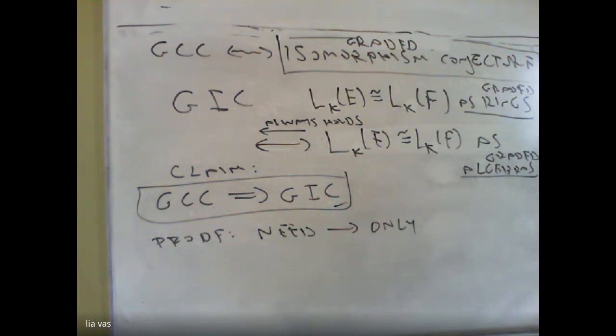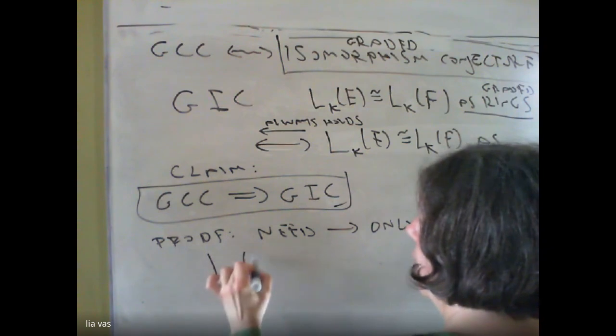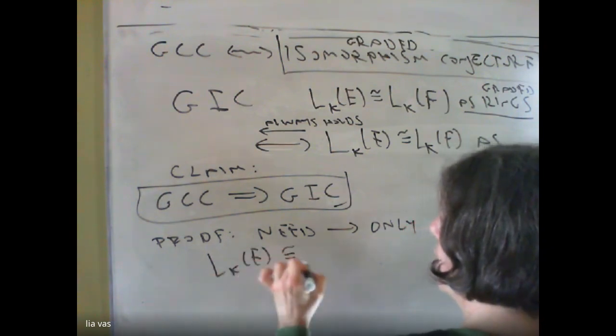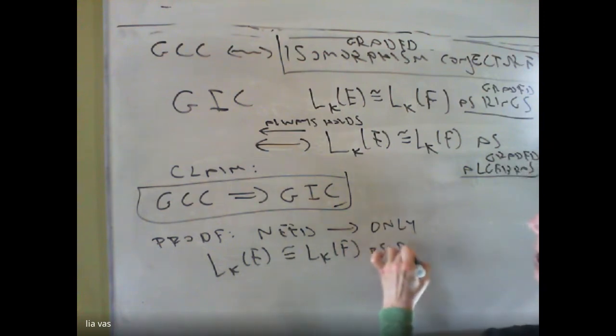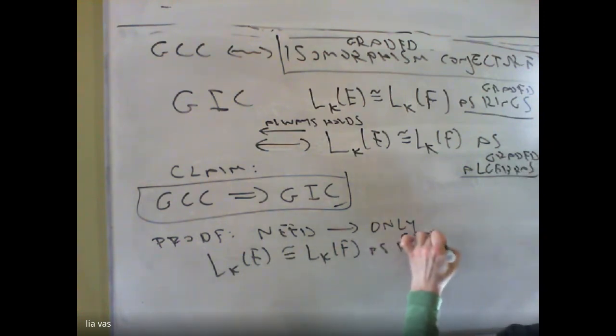So let's assume that a Leavitt path algebra is isomorphic to another Leavitt path algebra as graded rings.